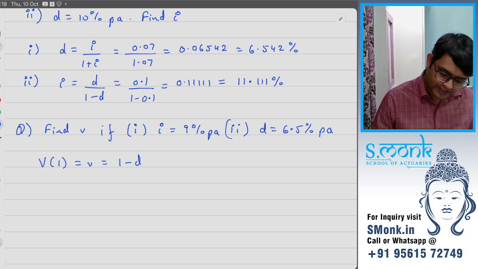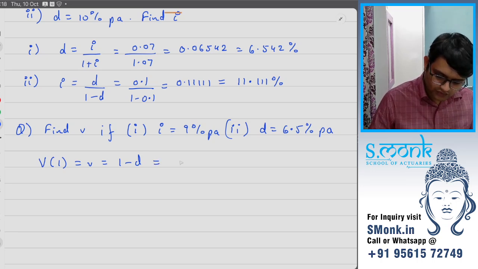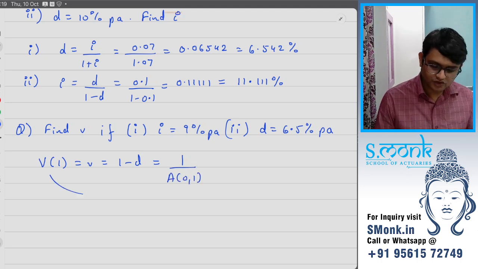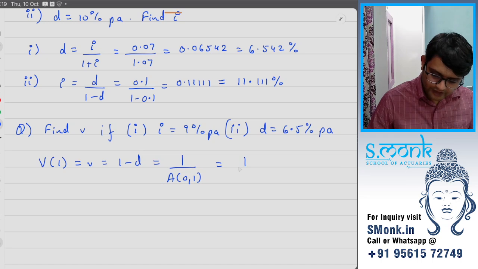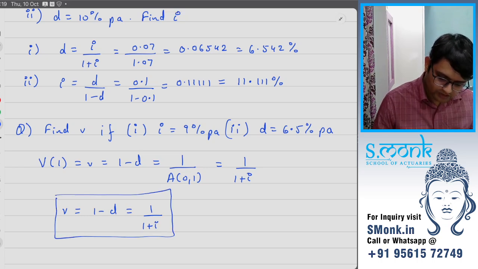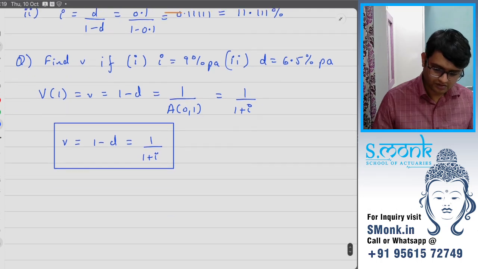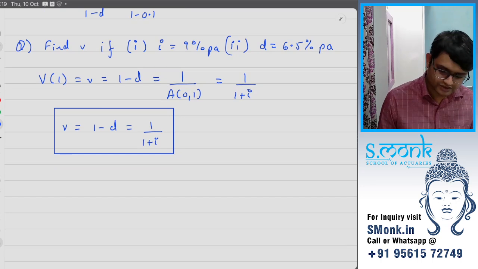So this is what we'll have. v is nothing but 1 minus d. We also know that this is equal to 1 by accumulation factor from 0 to 1. They are reciprocals of each other. So that can be written as 1 by 1 plus i. So v can be written as 1 minus d, or it can be written as 1 by 1 plus i. Both are correct. This becomes your formula. If i is given, we'll use 1 upon 1 plus i. If d is given, we'll use 1 minus d.